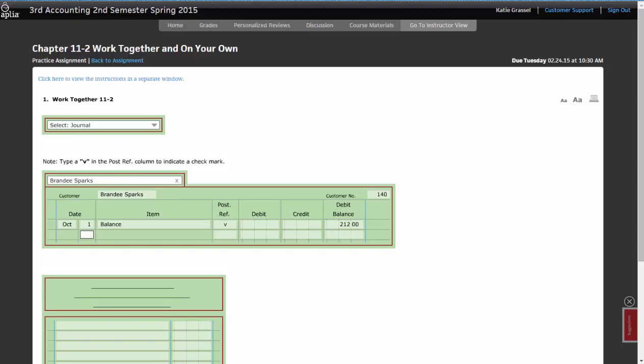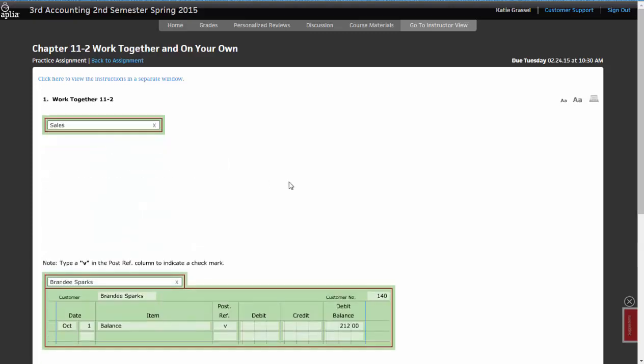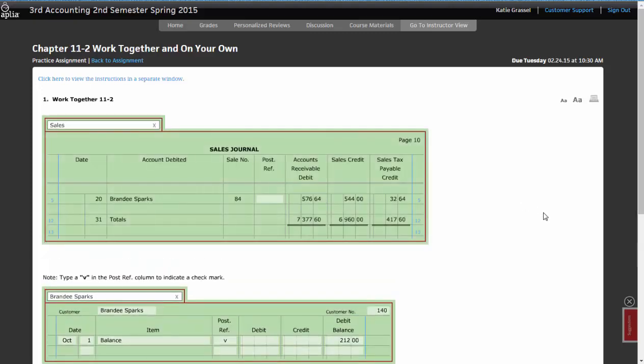Instruction number 2, after we have that in there, is we're going to post from our sales journal. And this is what I talked about. Oh, I forgot to say it to this class. When I took a look at Chapter 10's test, I had at least 5 people between my 2 classes that had errors on the sales journal because you had these in the wrong spots. You have to look at the heading.